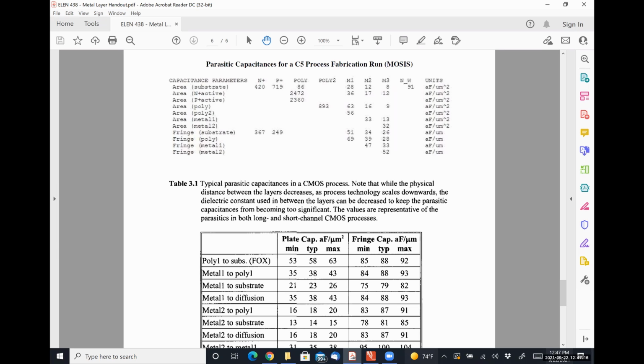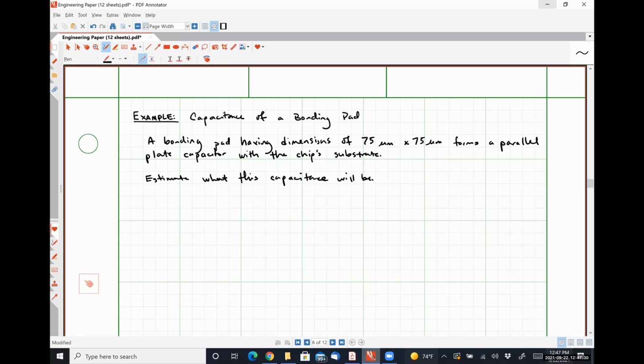So metal 3, so we're going to have an area capacitance value of 8 attofarads per micron squared. So I'm going to come over here and write that down. Ca metal 3 substrate is equal to 8 attofarads per micron squared.